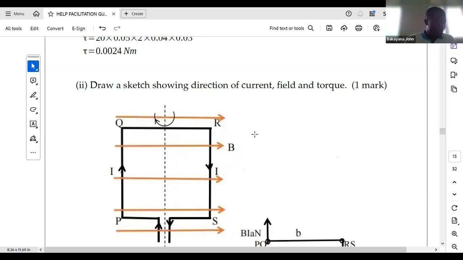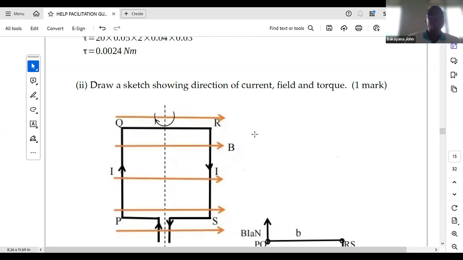The question was, a narrow vertical rectangular coil is suspended from the middle of its upper side with its plane parallel to a uniform magnetic field. I wanted to explain the concept of where the angle theta is 0. So theta is 0 if the plane is parallel to the uniform magnetic field.